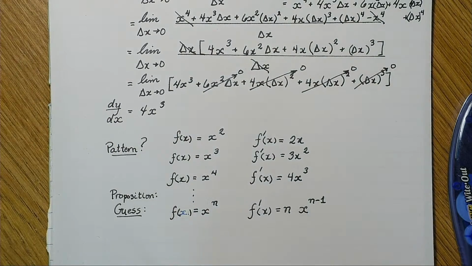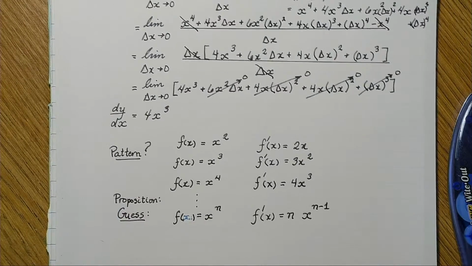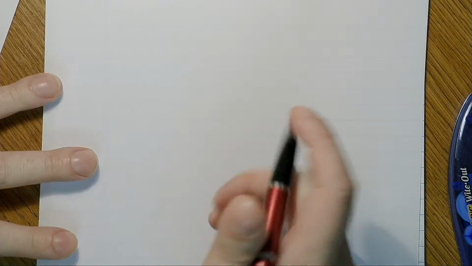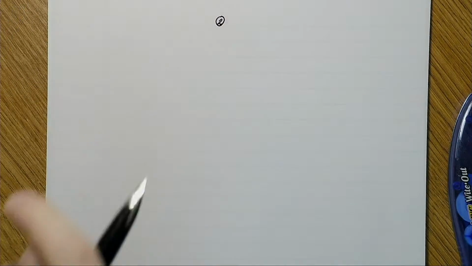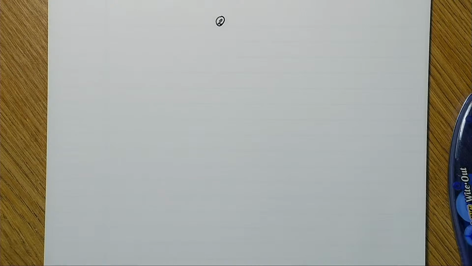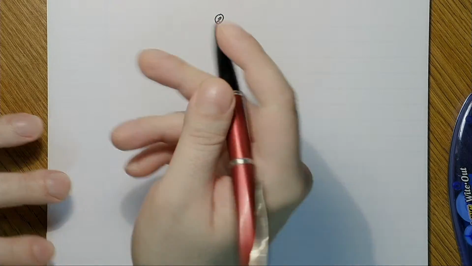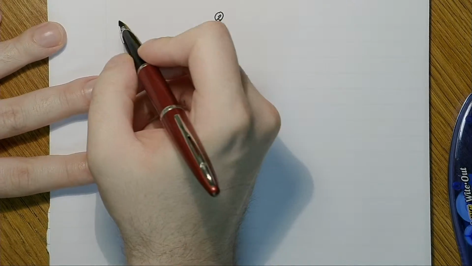We need to show that this is true using some deductive reasoning. So let's do 2. Move some papers out of the way. There we go. So this was our proposition.